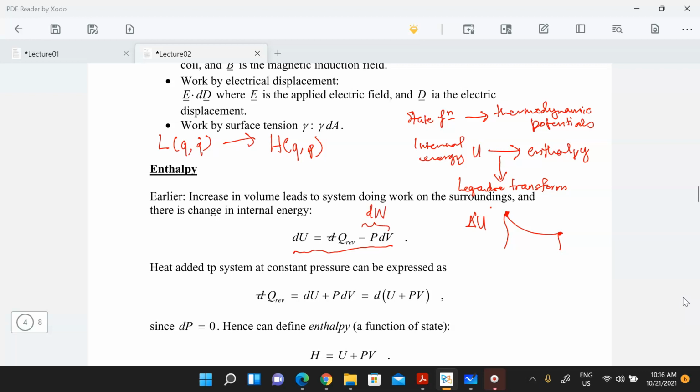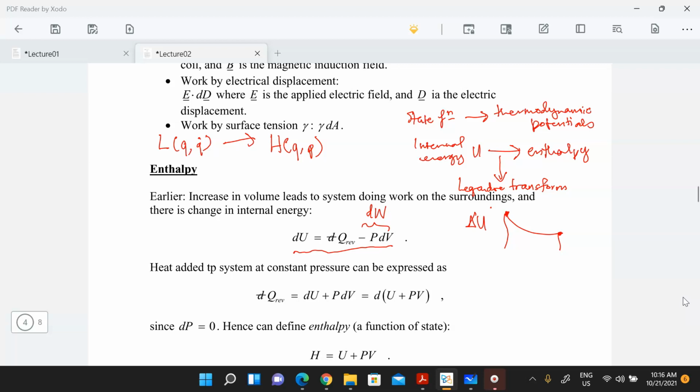Now, I can simply invert this equation to get the heat added to the system at constant pressure, for example.